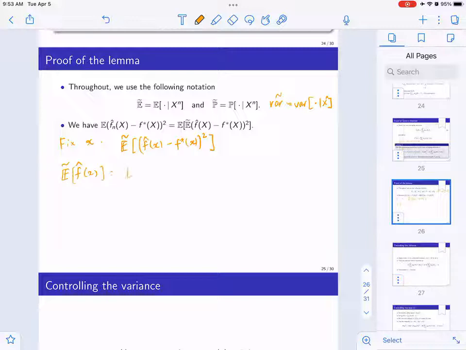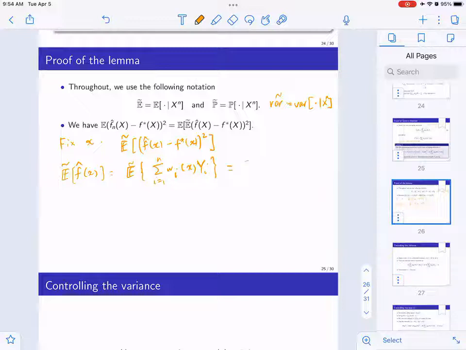So this expectation tilde is the summation i from 1 to n of w_i, let's say w_ni. The n is also extra, so I'll drop it and simplify the notation. So we have these weights. Okay. The expectation is conditional on X_n, so this is completely deterministic, so this comes out.